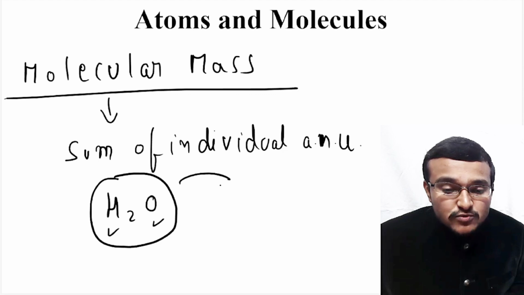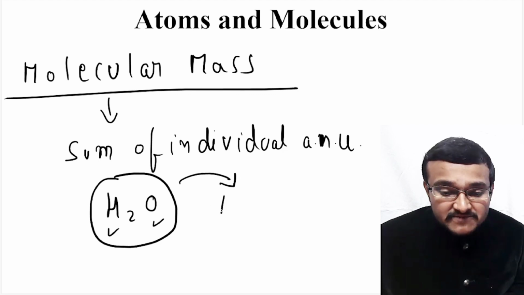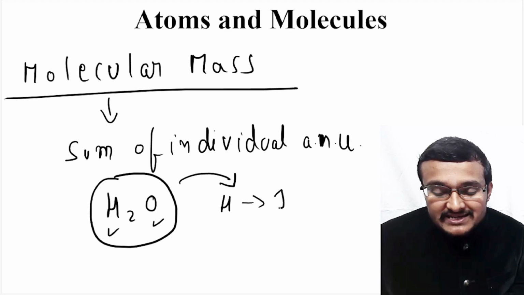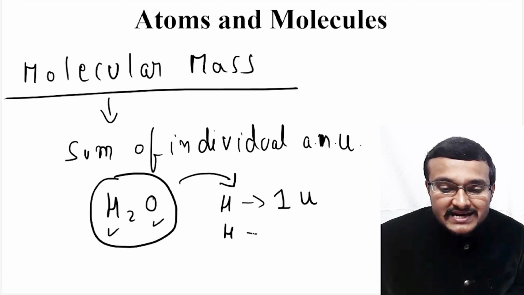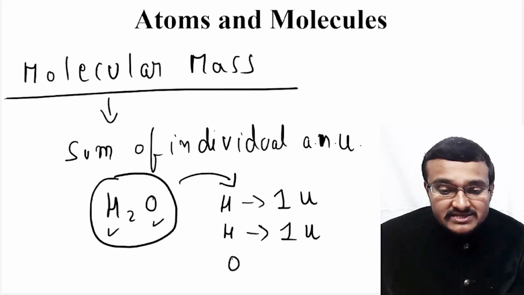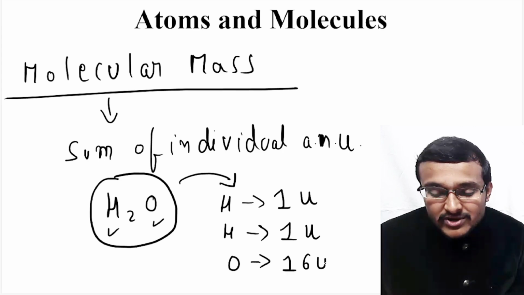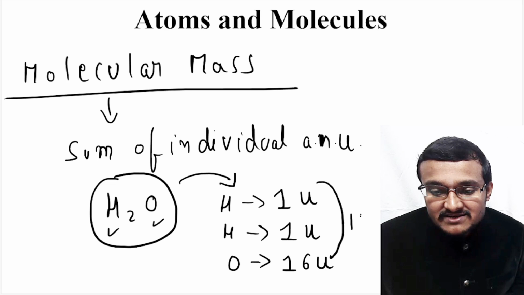To calculate this, you can consider the atomic mass of hydrogen. What is the atomic mass of hydrogen? That is 1 AMU or 1 U. Here two hydrogen atoms are there, so it will be 1 U plus 1 U, and one oxygen atom is there. The atomic mass of oxygen is 16. Now you can add all three: 1 plus 1 plus 16 gives you 18.